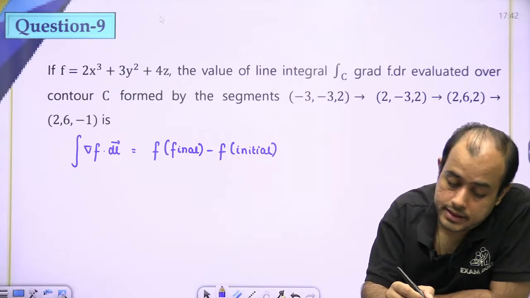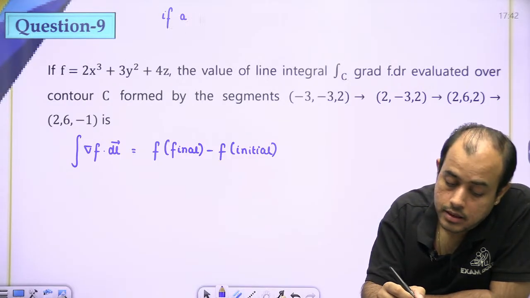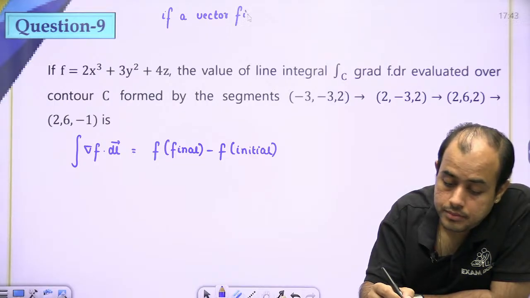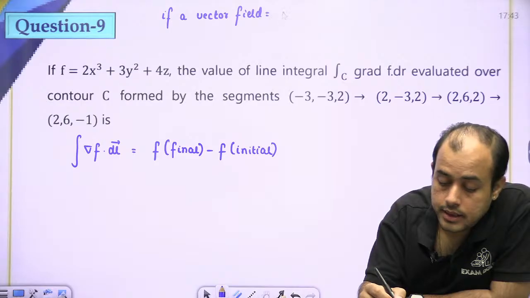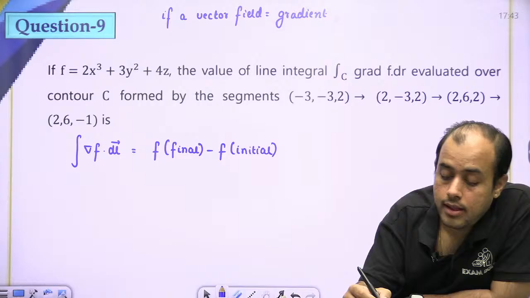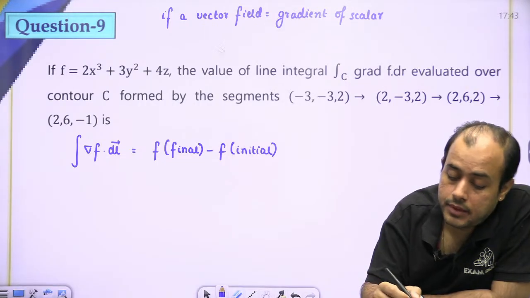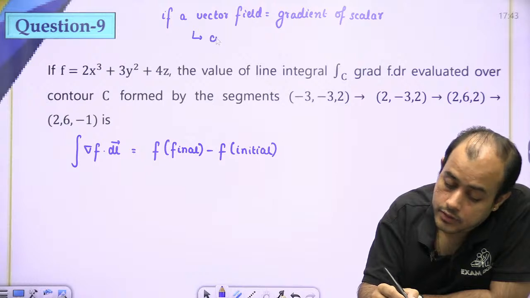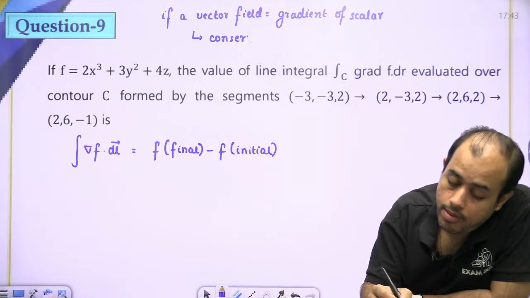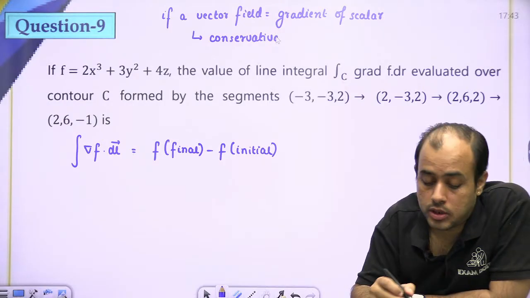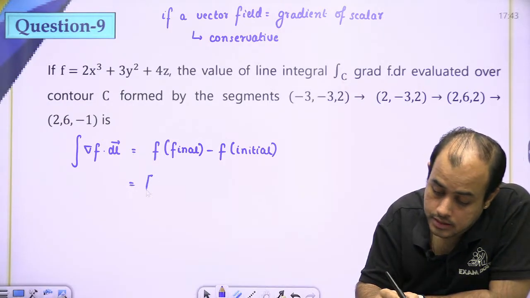So what happens is, if a vector field is equal to the gradient of a scalar, then it will be conservative. So basically here f becomes the potential function.